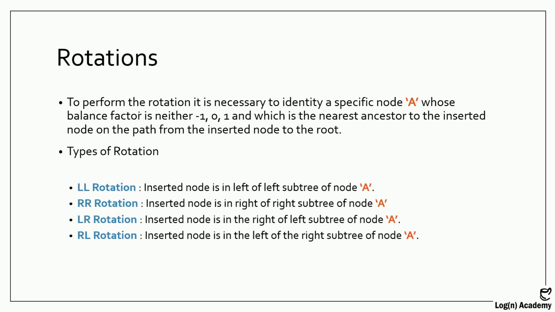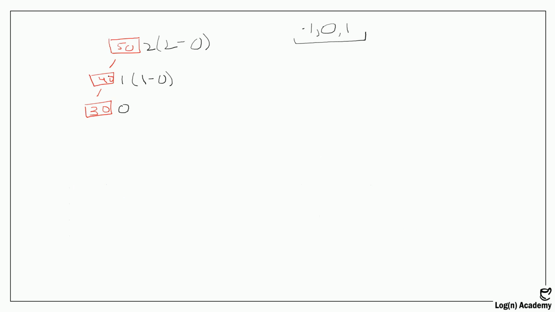To perform rotation, it is necessary to identify a specific node A. We will identify A, whose balance factor is not -1, 0 or 1, and which is the nearest ancestor to the inserted node on the path from the inserted node to the root. Now what does that mean? As you can see here, we have a tree with 3 nodes.